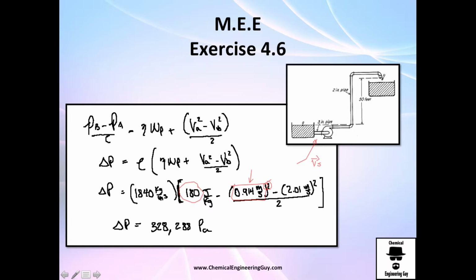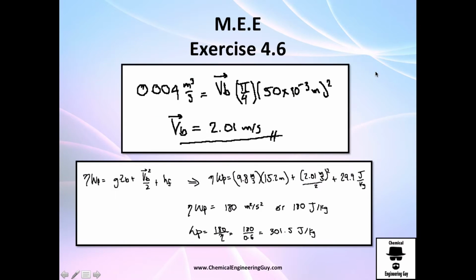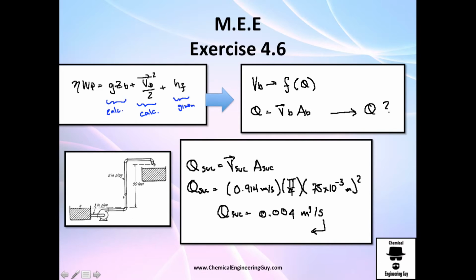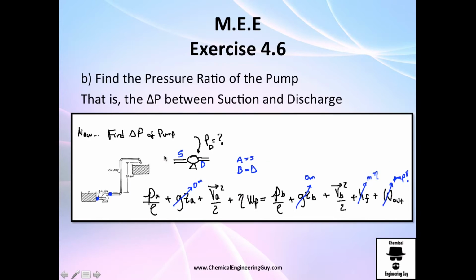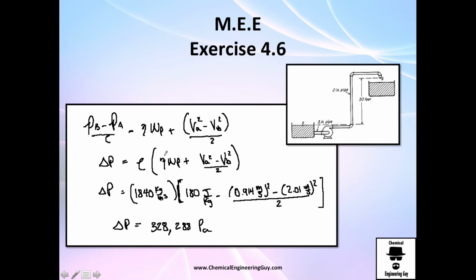And recall, guys, that we already calculated the velocity on this pipe. So let me go back to show you here. The velocity on B is actually the same. This velocity here, since it's the 2-inch pipe, is exactly the same velocity right here because it's still a 2-inch pipe. So we have all the numbers.